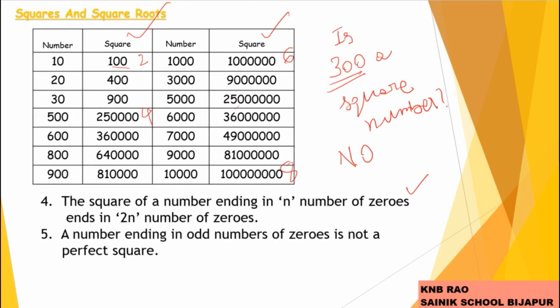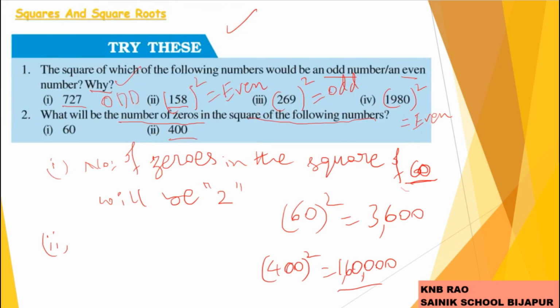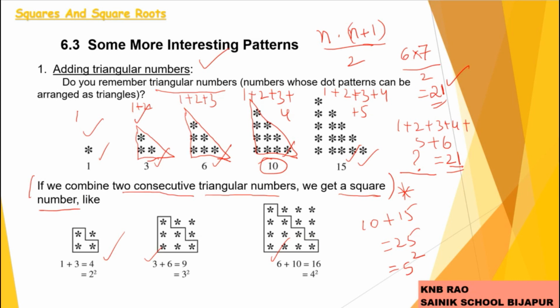And another property, a number ending in odd number of zeros is not a perfect square. Third, we discussed a few questions to try. Then we went for learning some interesting patterns.